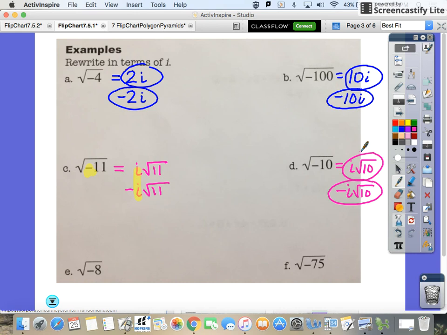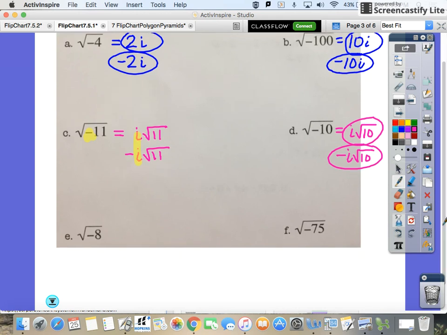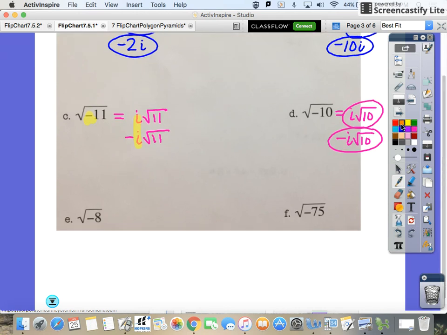Now, parts E and F are the last two that we'll practice with actual numbers for right now. These ones can be simplified. I know you guys have seen this in your other math classes before, but basically what we're looking for is a number that these are divisible by that are perfect squares. For example, 4, 9, 16, 25, 36, 49, 64, 81, 100, 121.